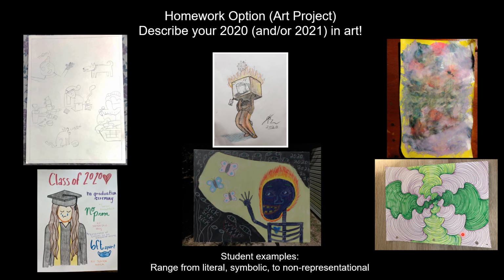And these works of art here on the right are totally non-representational, using colors and brushstrokes and lines to express their anxieties. So again, you create the work of art, but you also have to explain your work of art in the written elements. You can learn more, of course, on Blackboard under Art Projects.